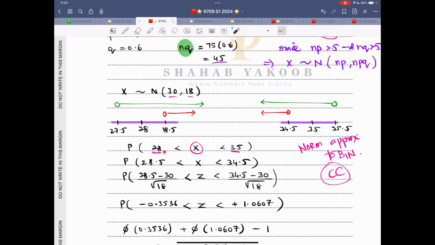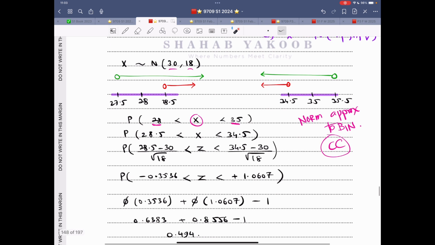Neither is 28 inclusive nor is 35 inclusive. So therefore we choose the red line in both cases. This line pointing towards the right, greater. This line pointing towards the left, lesser. These are the two values after continuity correction. It's a good idea to show it like this, that continuity correction has been done.